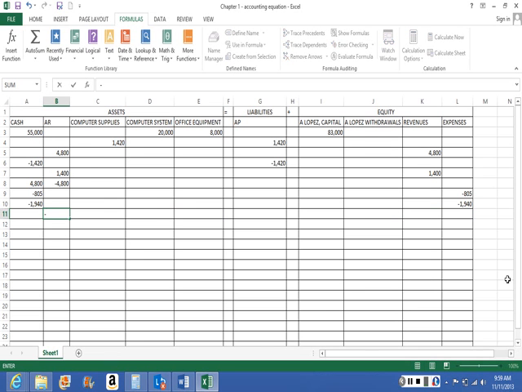So we have received it as of this day, so we need to subtract the $1,400 out of that account and add it to the cash. We're adding it to cash because we physically received $1,400 from Easy Leasing.